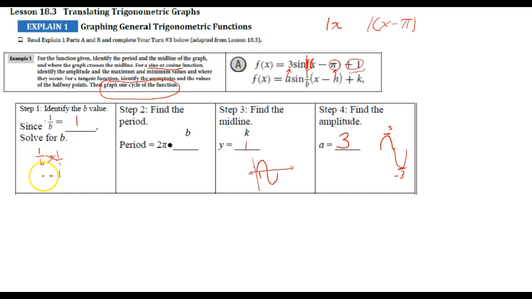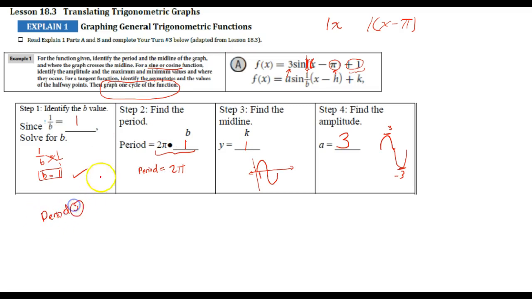And 1 times b? Just b. So our b value is actually 1. Step 2 is to find the period, which is 2 pi times our b value, which was 1. So what would that be? 2 pi. Cool. So we've identified our period.